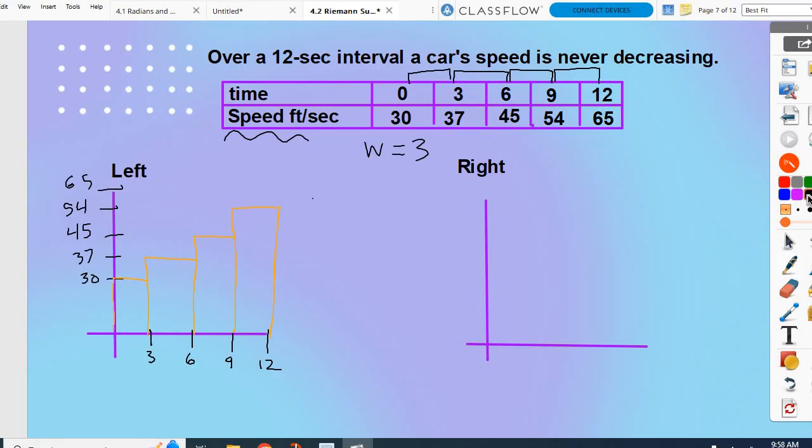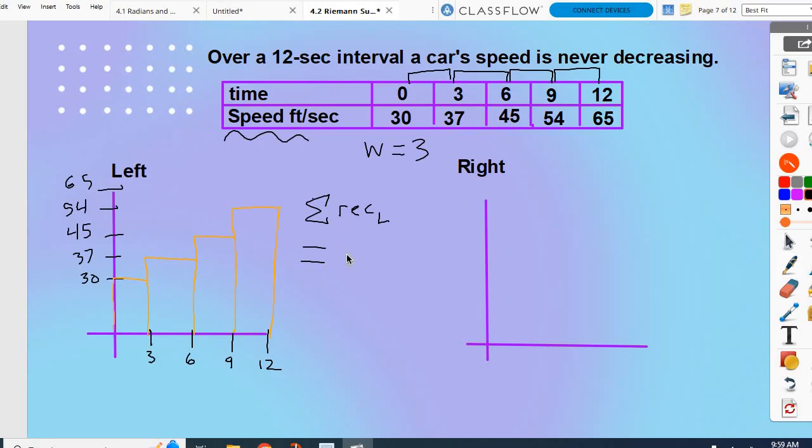So then, remember that we want to sum together all of those rectangles, and we are specifically using the left rectangles. So what is our formula for the area of a rectangle? Base times height, which technically here we're calling our base width, right? So it's going to be width times height. Y'all agree with that? What is my width for all of those? 3.